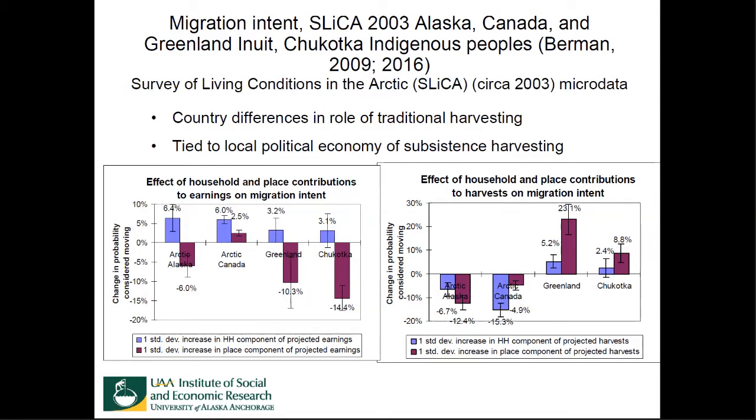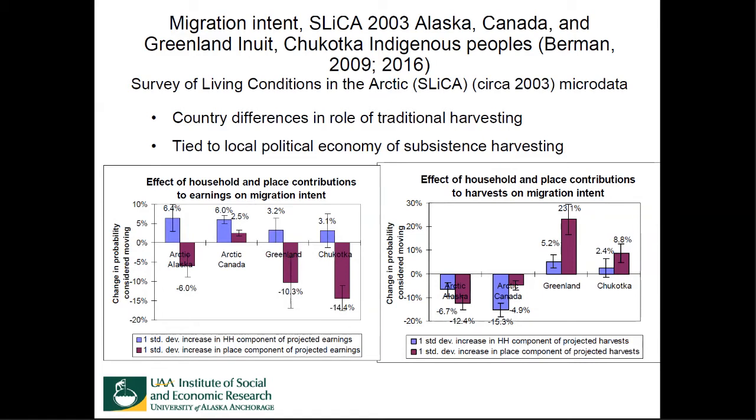But we looked at just the data in North America and Greenland, where again, we're talking about predominantly Inuit populations, so there are similar ethnicities. And we were able to predict household earnings and place components of earnings and harvest from the harvest data that were in SLICA.